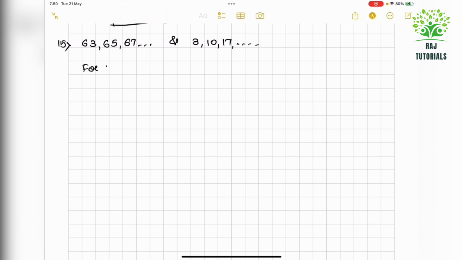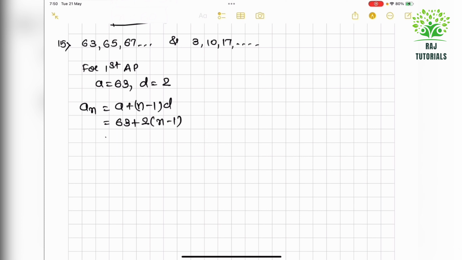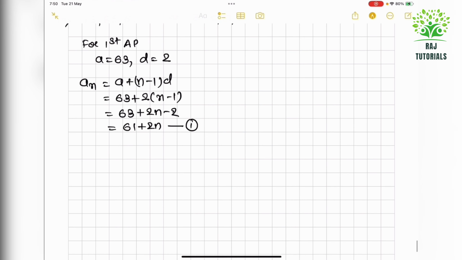So see, for the first AP, A is 63, D is 2. So AN will be A plus N minus 1 D. So AN will be 63 plus 2 into N minus 1. So I can say 63 plus 2N minus 2. So 61 plus 2N, that is the first.